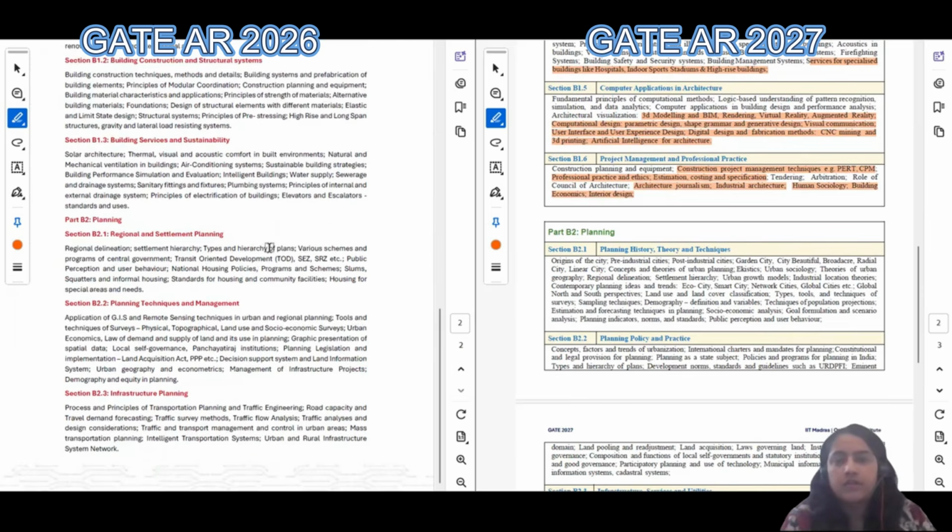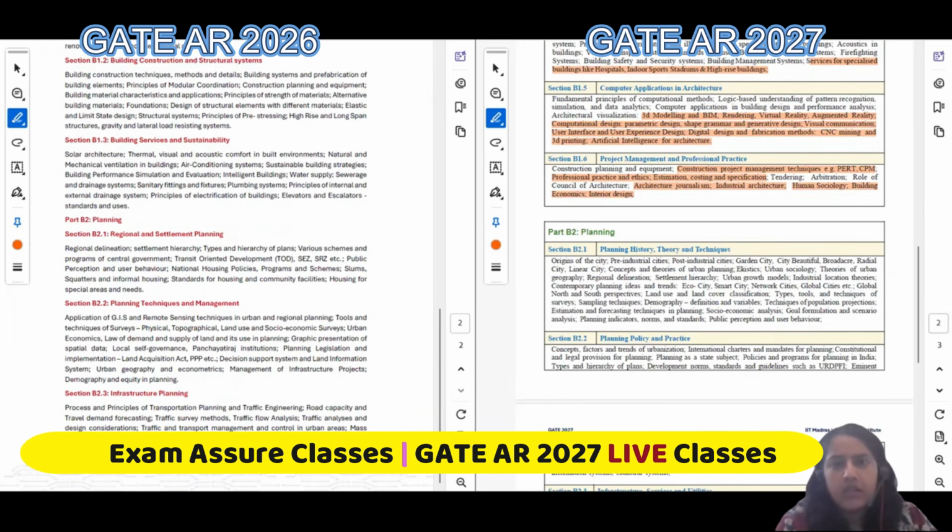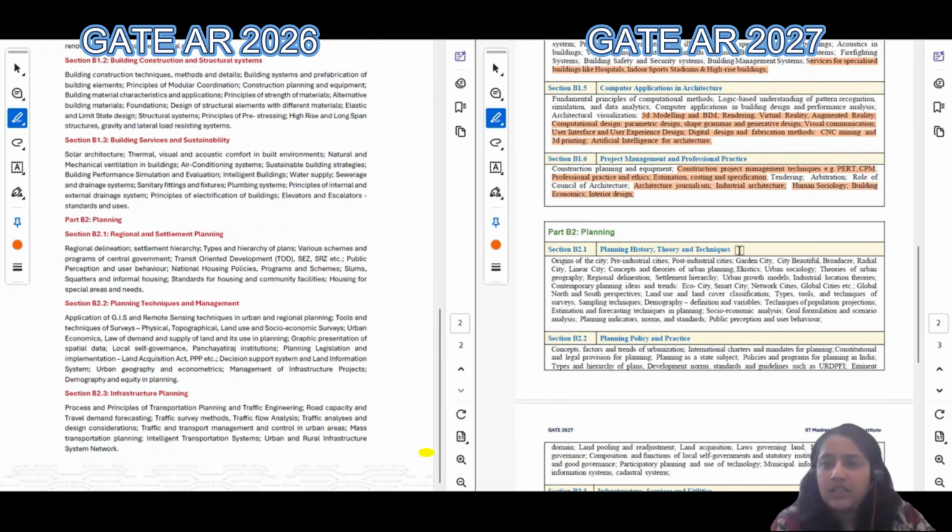Yes. So earlier, in the previous syllabus, we had only three sections: regional and settlement planning, planning techniques and management, and infrastructure planning. Here, if you look at it, planning history, theories, and techniques.